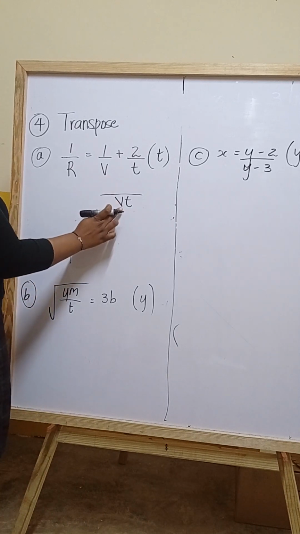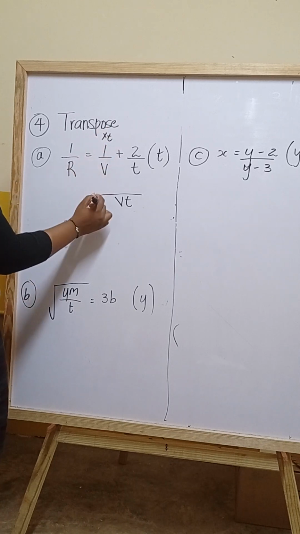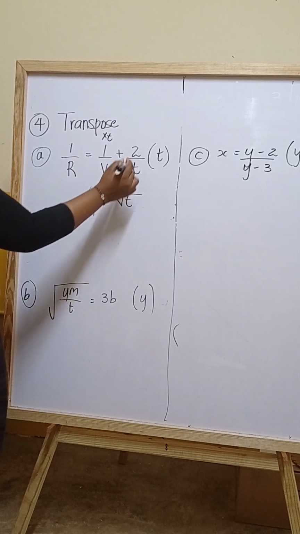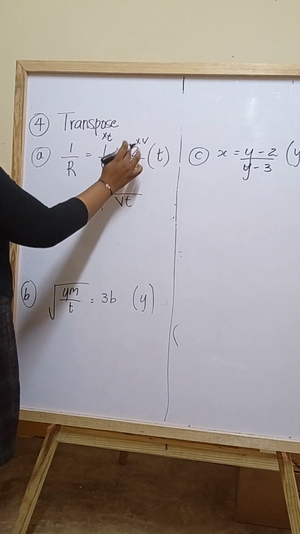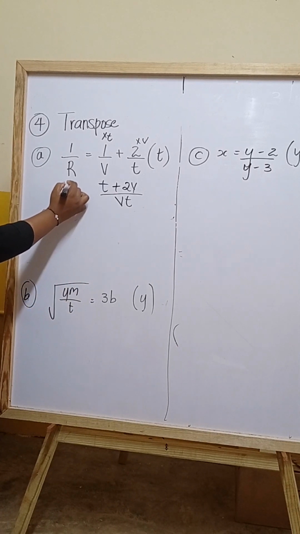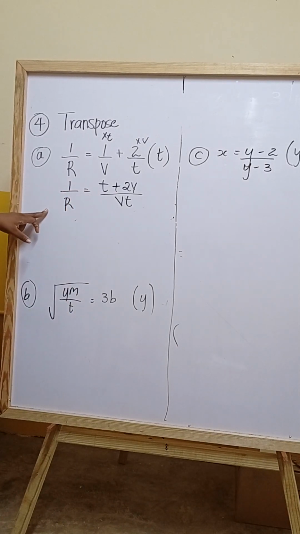So V into VT is T, and T times 1 is T. T into VT is V, and 2 times V is 2V. All of that is still equal to 1 over R. So 1 over R is equal to T plus 2V over VT.